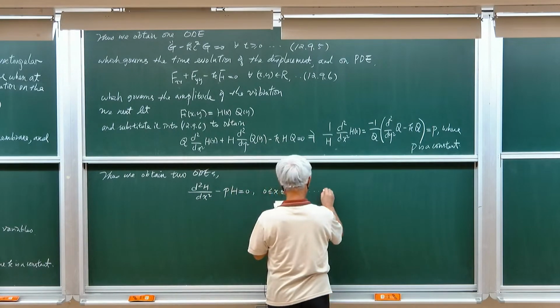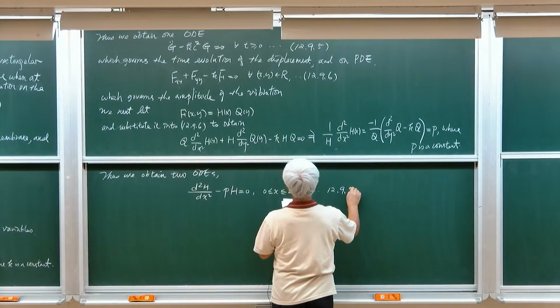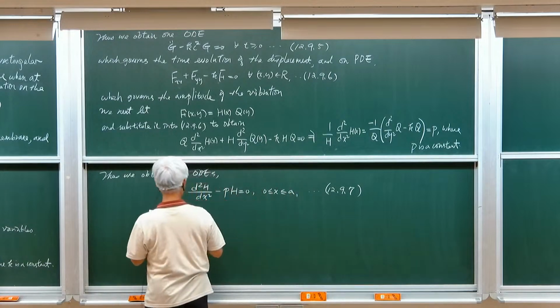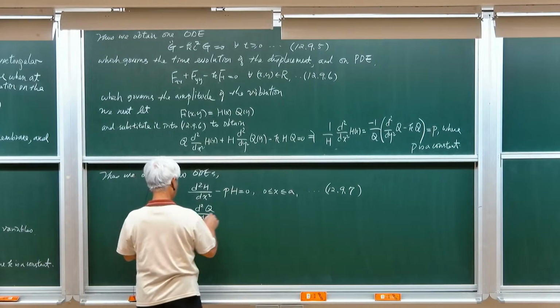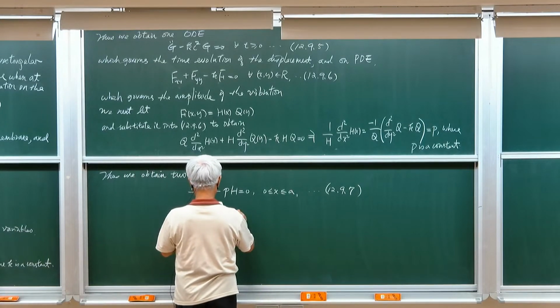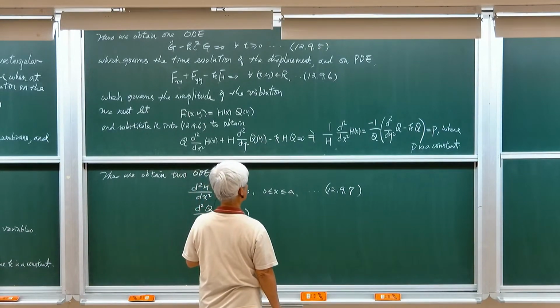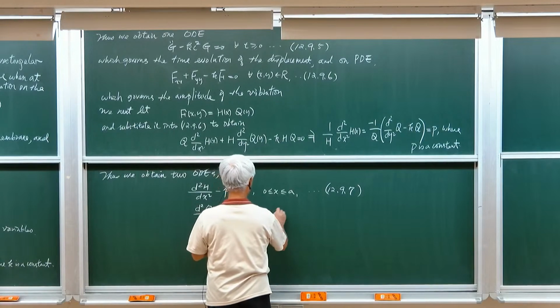Okay, and d squared q over dy squared minus (k minus p) q equal to 0.